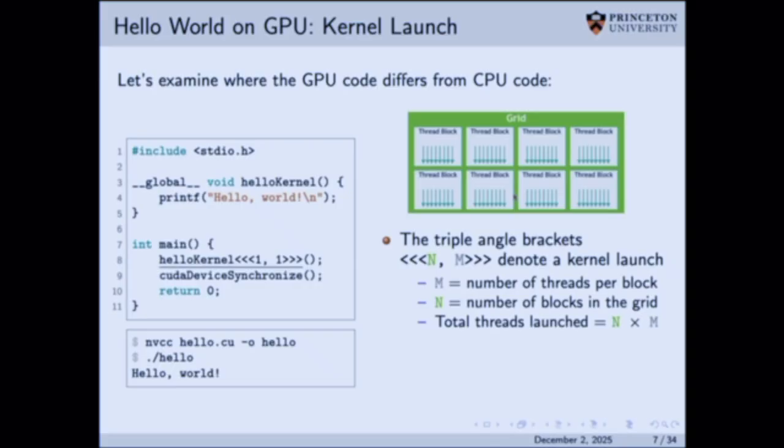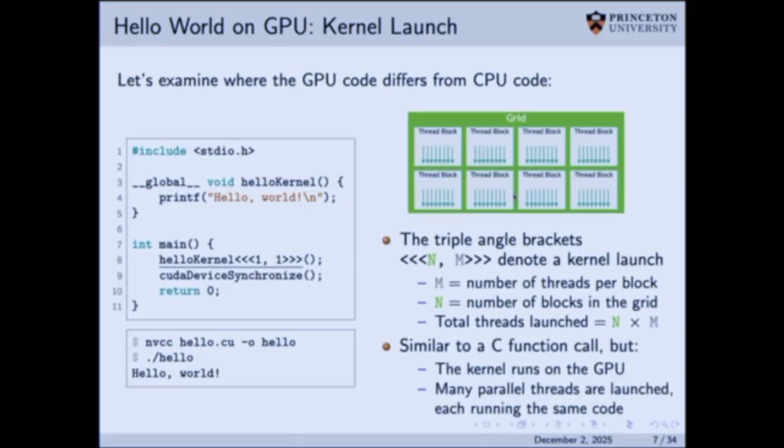The second parameter, m, is the number of threads per block that you have. Here, I believe it's also 8, because in each of these gray blocks, we have 8 little arrows, which denote threads. The total number of threads is just the product of these two numbers. In this example, we're launching 1 times 1, so 1 thread, which is not very interesting.